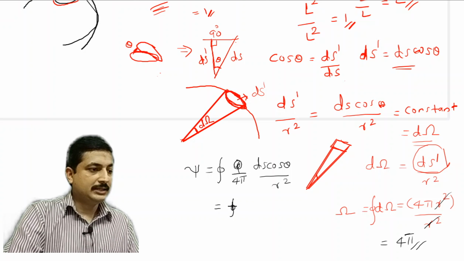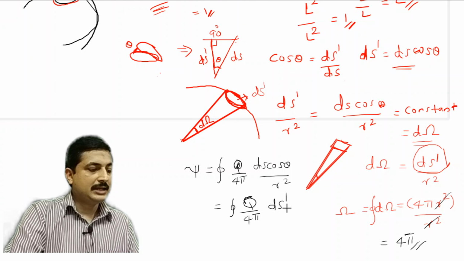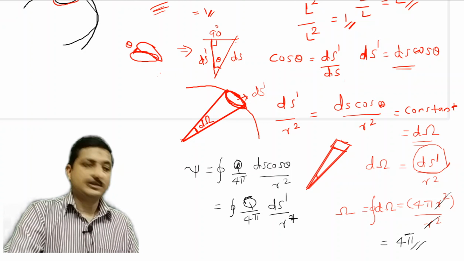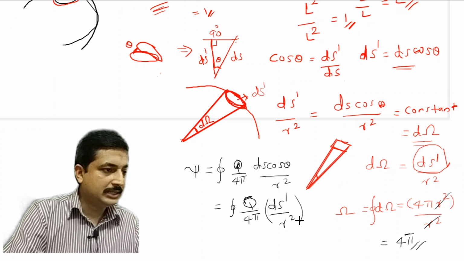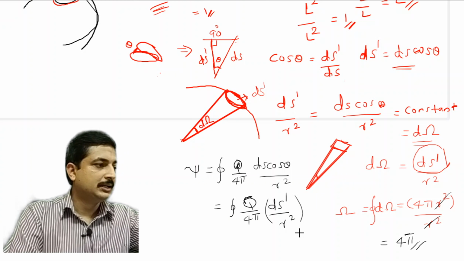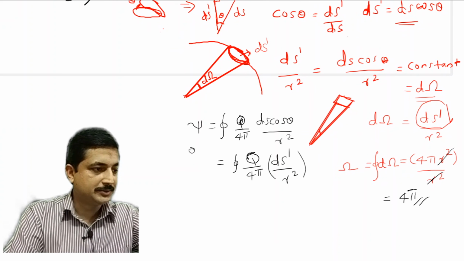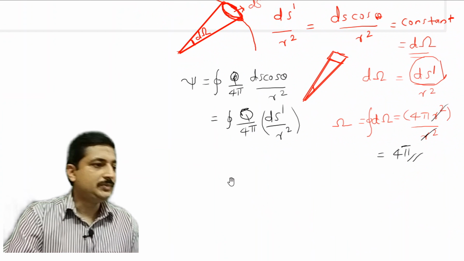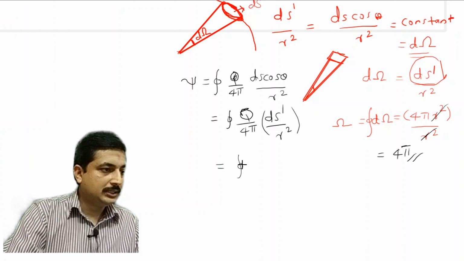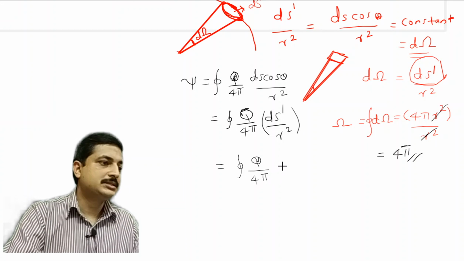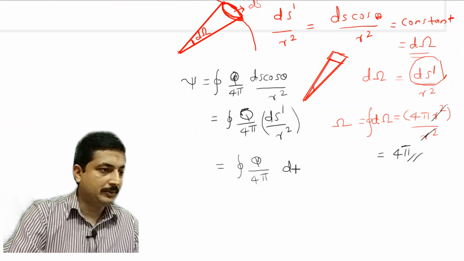So we write it as closed integral Q divided by 4 pi, ds dash by r square. Is it not? Now we understand that this ds dash by r square is nothing but d omega. So we substitute that.